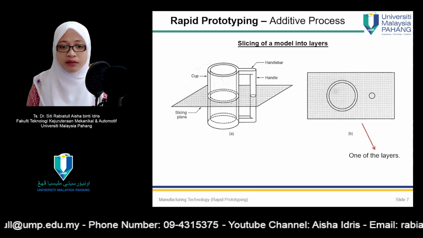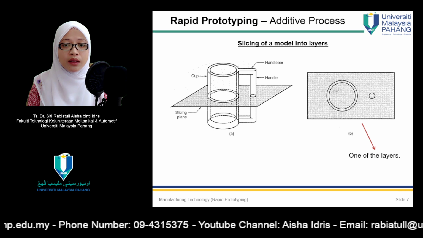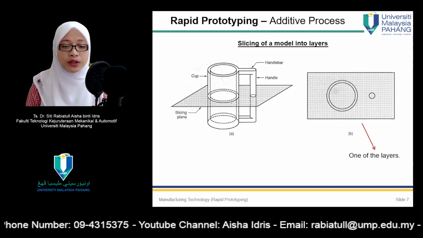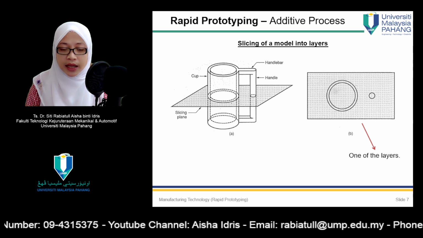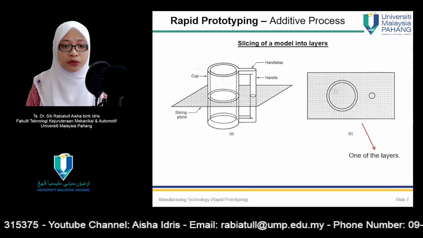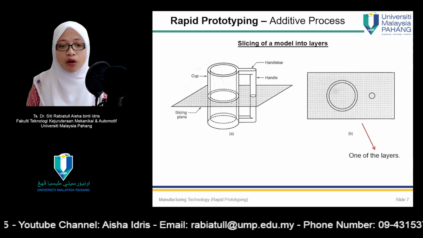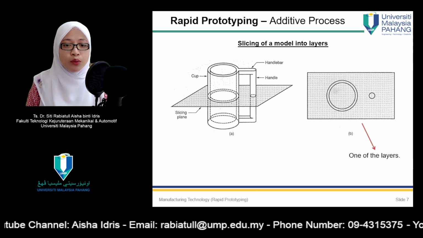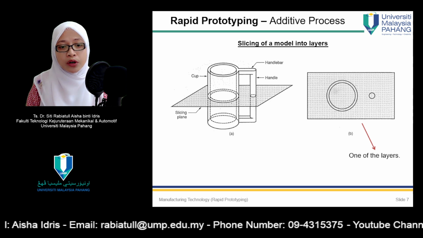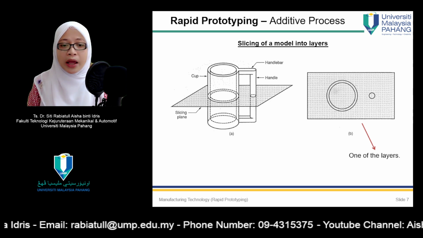By convention, the layers are formed in the XY plane orientation, and the layering procedure occurs in the Z-axis direction. For each layer, a curing path is generated, which is called the STI file, which is the path that will be followed by the RP system to cure the layer.